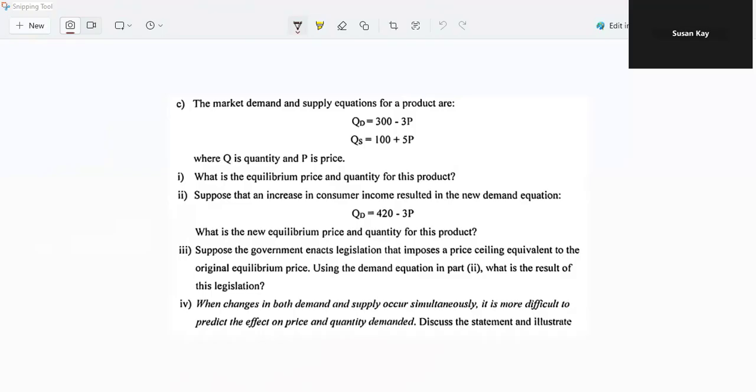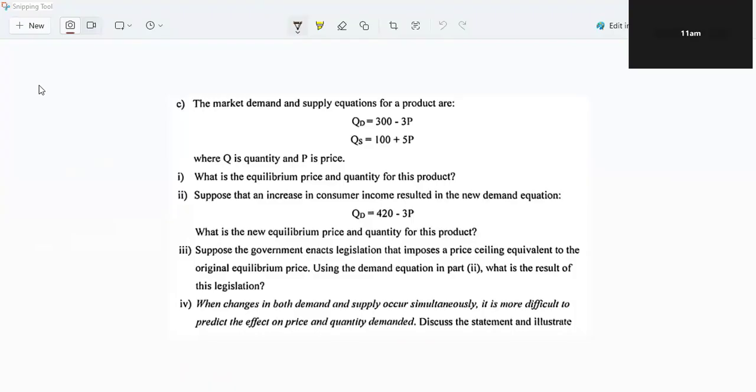Okay, so we've been given the quantity and we have been given the equations for demand and supply. So demand is equal to supply. So we'll get the two equations and put the like terms on one side, and the letters on the other side, to find price.